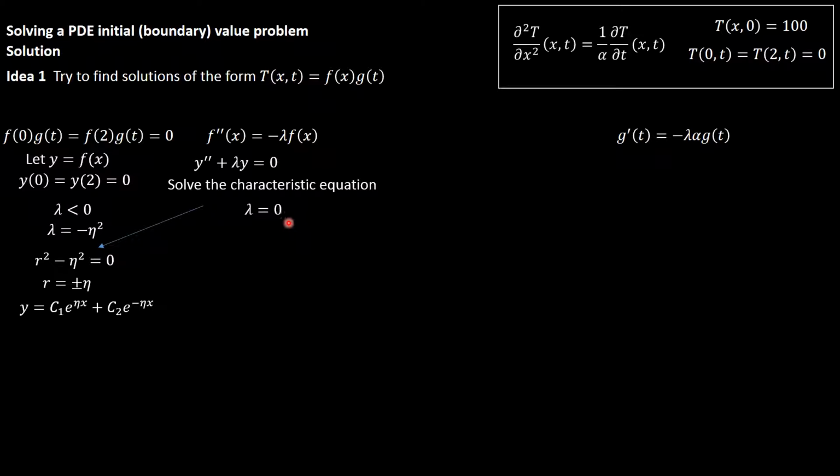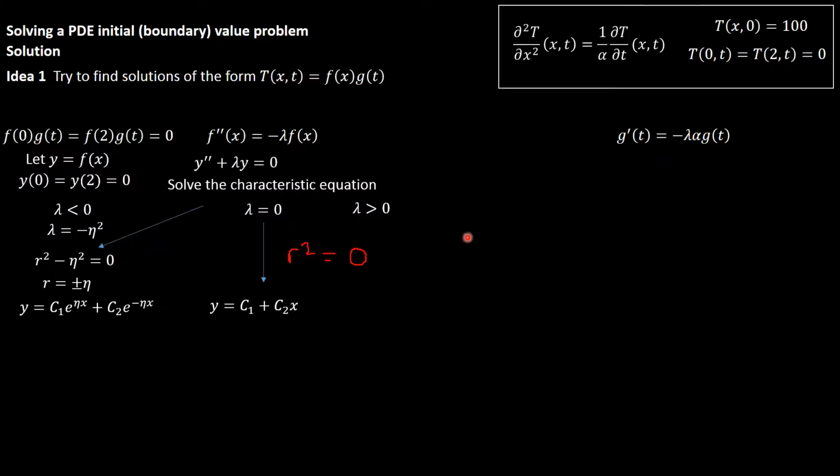On the other hand, if lambda equals 0, then this is a repeated root situation. We have y prime prime equals 0. The characteristic equation r squared equals 0 is a double root, r equals 0, and it gives us the solution c1 plus c2x.